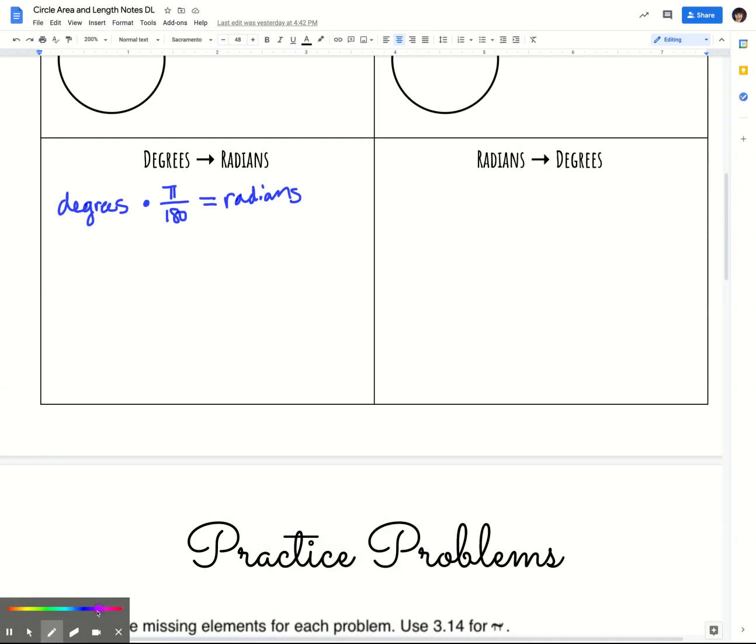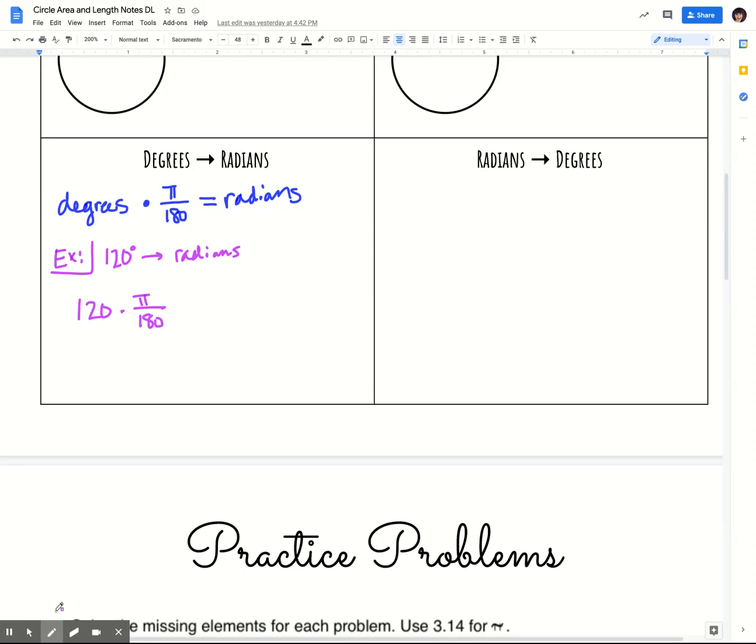So here's an example for you. I want to convert 120 degrees to radians. My degrees is 120, and I'm going to do times pi over 180.